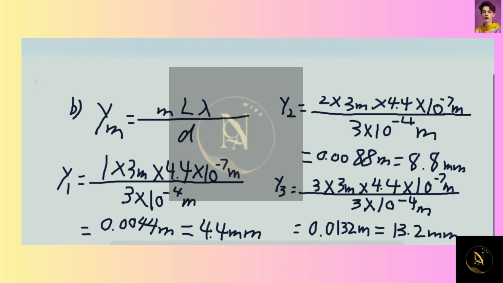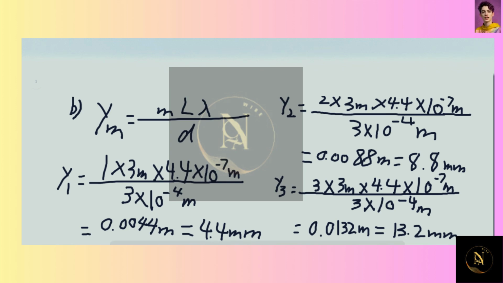For y3, all we need to do is change the m value again. So m is equal to 3, and the rest of the data is the same as well. We get y3, the spatial separation from the zeroth order to the third order band, is equal to 0.0132 meter, which is 13.2 millimeter.